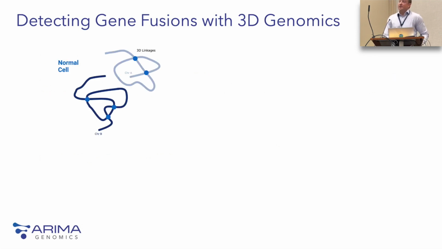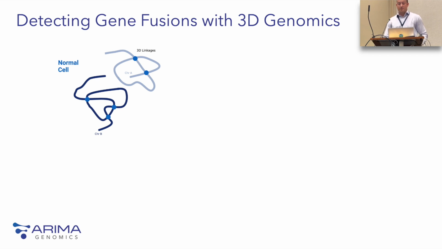Now for 3D genomics, in reality, these chromosomes are organized into some three-dimensional structure within the cell. An important detail here is that these two chromosomes are not intermingling with each other, which is what happens in healthy cells.